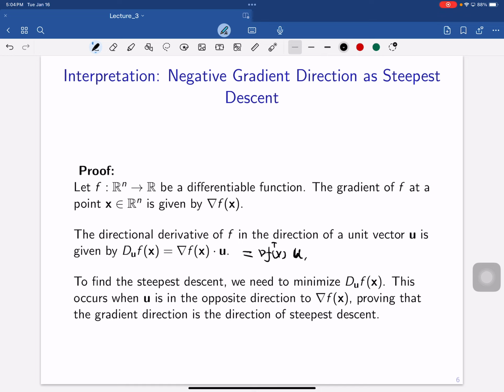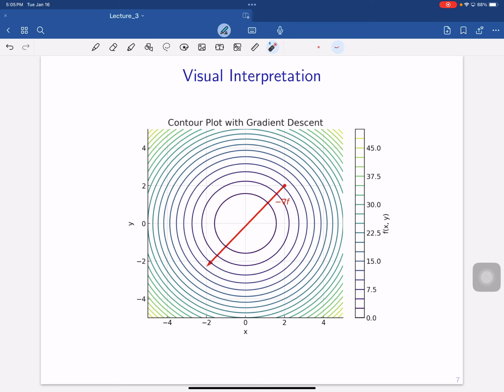Around those corners the function value is large, and at this point it is the global minimum value. The negative gradient direction is perpendicular to this curve here. If you want to go downhill, that is the fastest direction you can go. That's just a simple interpretation.